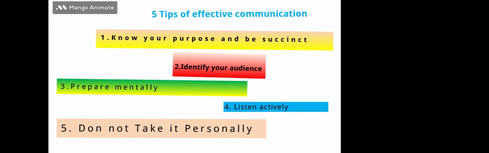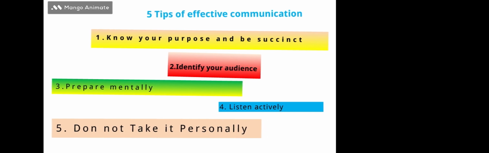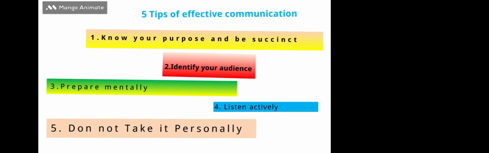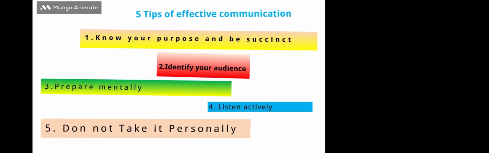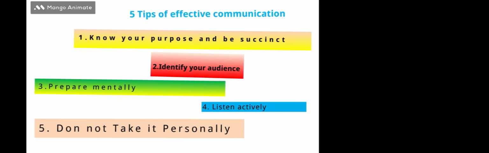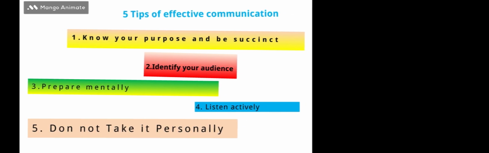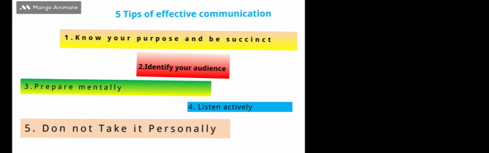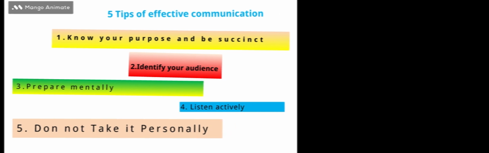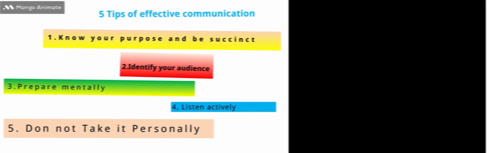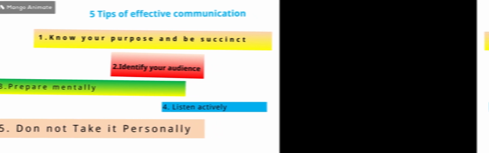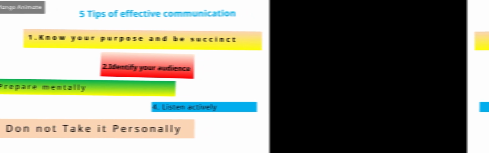The third component is mental preparation. Preparing mentally before you appear for the communication will help you to clarify the goal and plans before approaching the communication. It also helps to identify what you want to achieve and how you will communicate with the people.